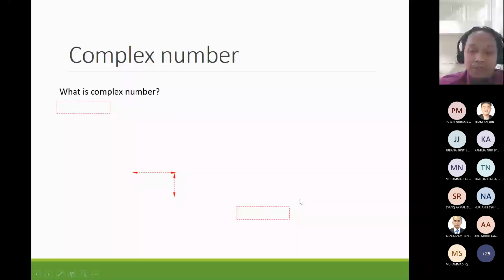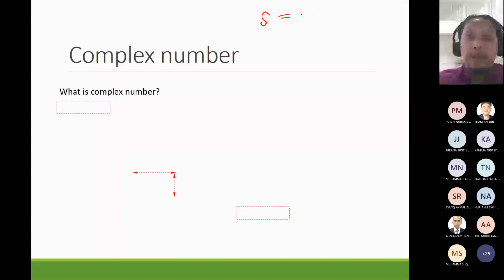Before we go into detail about root locus, let me introduce to you the basics of complex numbers. We know that the value of s can be plotted on the s plane, like the poles and zeros, and this value of s can actually be a complex number.